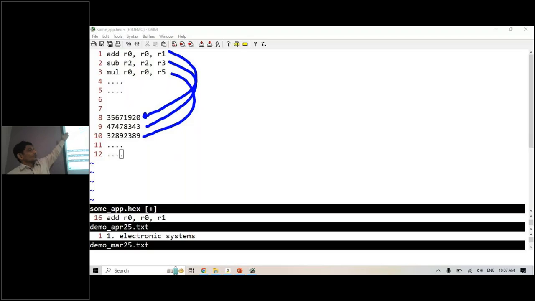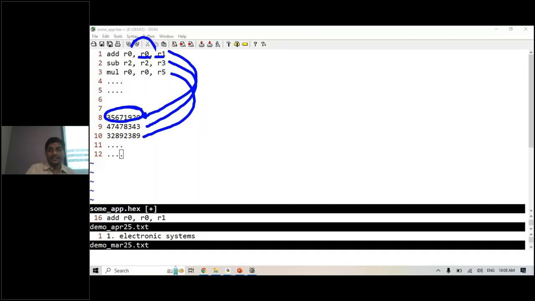Now you may say, how did you come up with these numbers? I just randomly wrote. But in processor compilers, there will be a conversion logic. So by looking at this code, my processor will understand that I have to add R0 and R1, and store the result into R0.